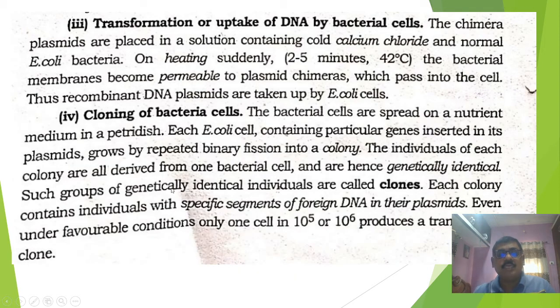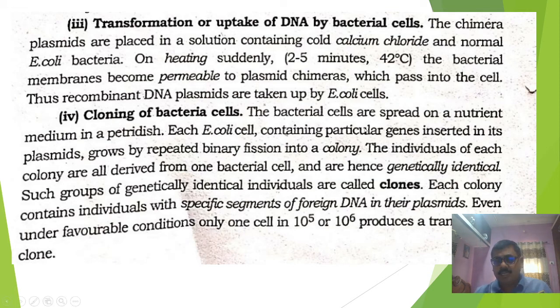And what happens next? The cloning of the bacterial cell. As these cells are sensitive to the antibiotic, those cells which have the antibiotic resistance gene within the plasmid will survive, and those which don't have the plasmid will be eliminated.